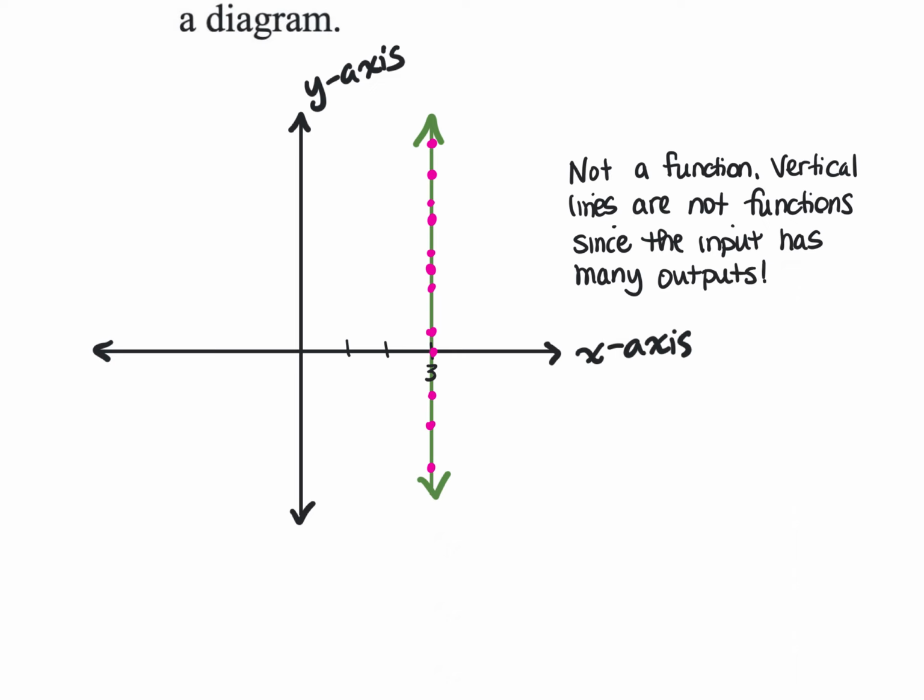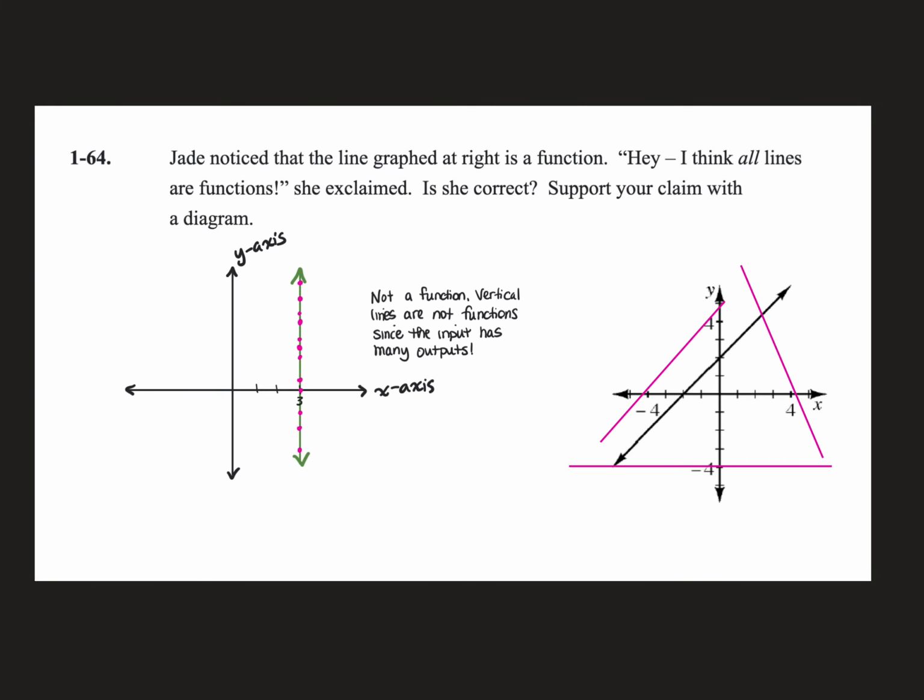All right, now any other type of line will actually be a function. So all those lines I drew over to the right, those will be functions, but that vertical line can't be a function. Okay, last problem.